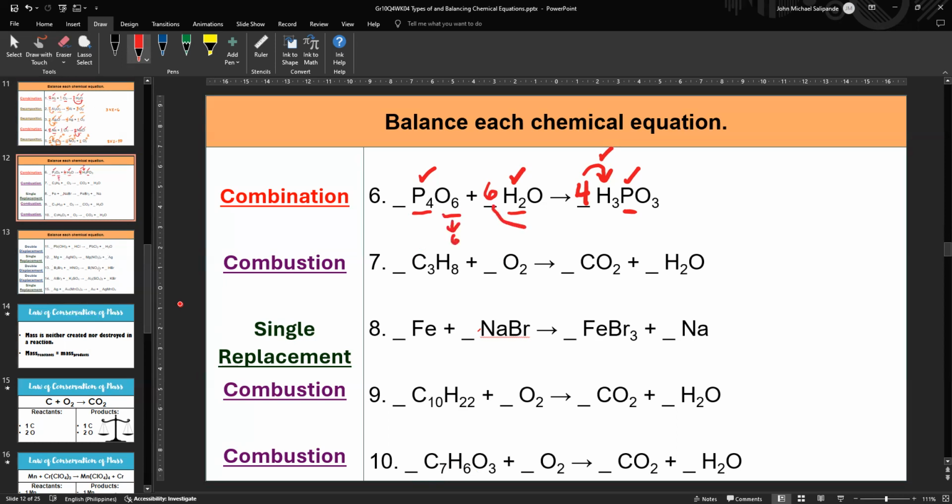And you have 6 times 1 equals 6 atoms here. So that's 6 plus 6 equals 12 on the reactant side. And now on the product side, you have 4 times 3 equals 12. So 6 plus 6 equals 12. And with that, oxygen atoms are now balanced. And let me just write 1 on P4O6.